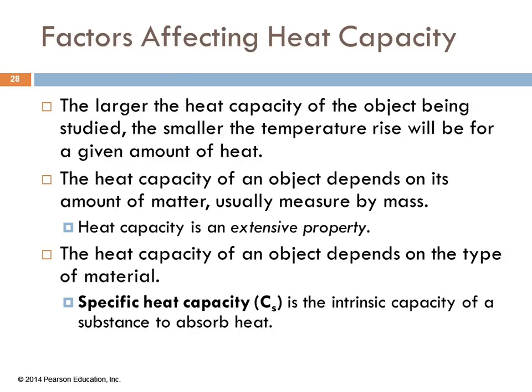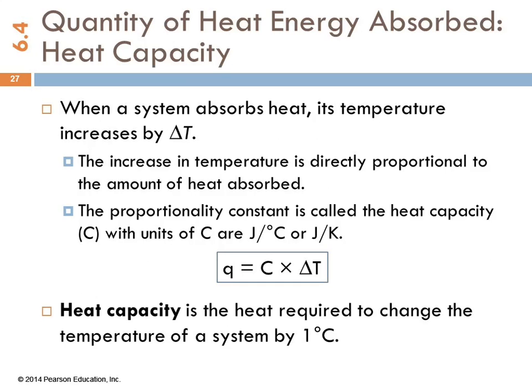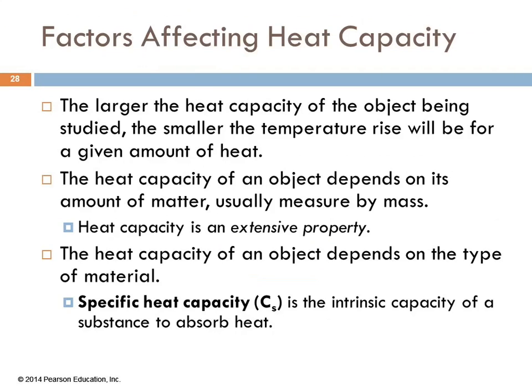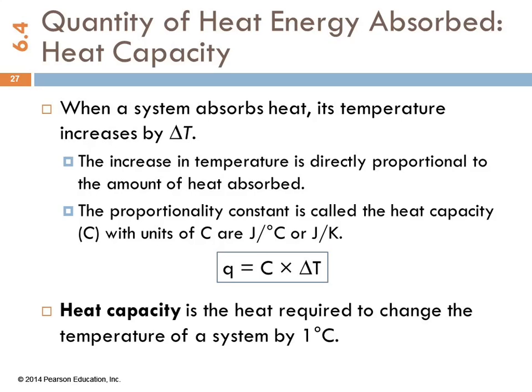There are different factors that affect heat capacity. If you have an object with a larger heat capacity, let's go back to that equation. So let's just rearrange this and look at it.